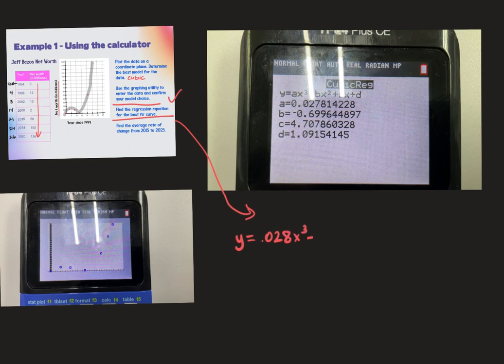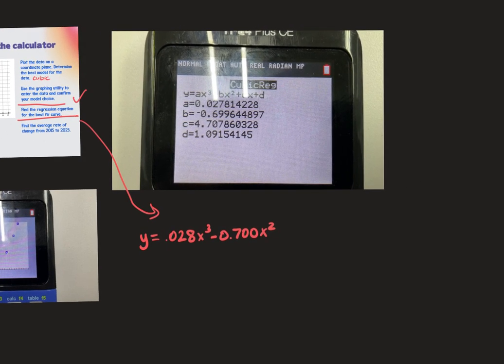B is negative, so minus 0.6996. The 6 bumps the 9, bumps the 9, and this becomes 0.700 x squared. The C is positive, so plus 4.708 x to the first, and then plus 1.0915, so 1.092.